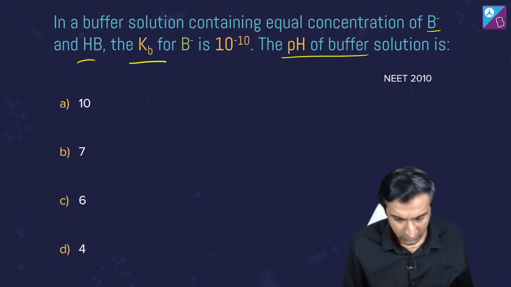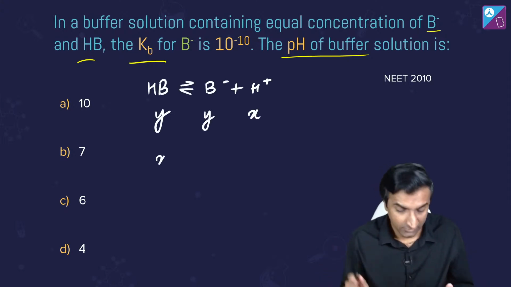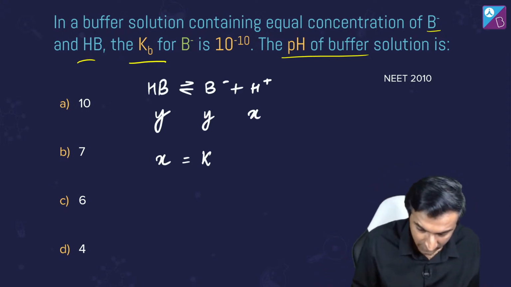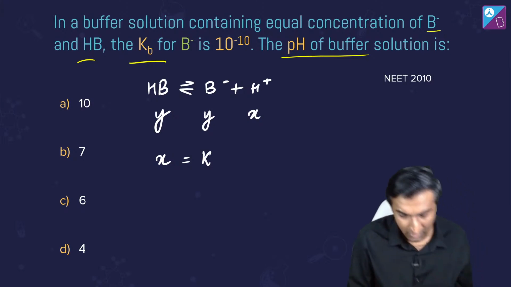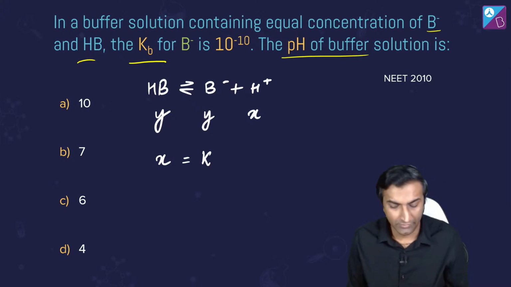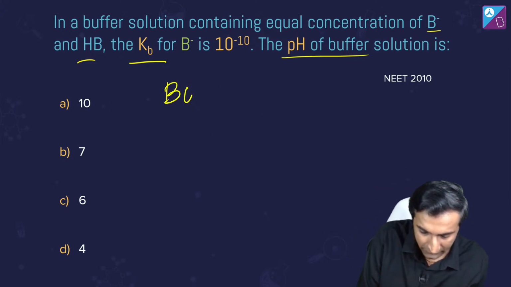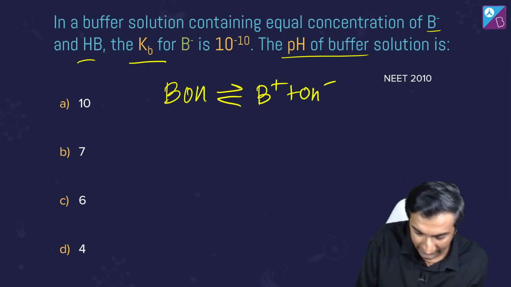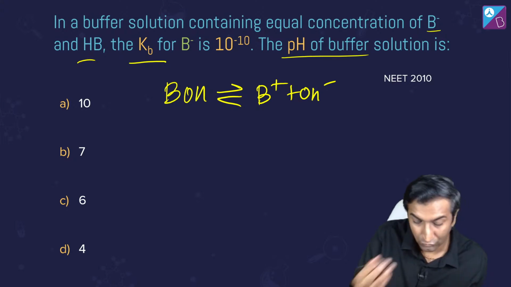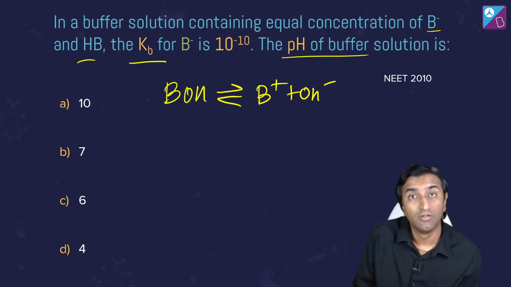You want me to solve this for you? We'll do the same thing. We'll write pOH over here. ठीक है, इस तरह से भी लिख सकते हैं. ये तो हमने उल्टा लिख दिया था. Let's do this. BOH giving you B plus and OH minus, या तो इस तरीके से कर सकते हो, राइट, या तो फिर दूसरी तरह कर सकते हो where you find out the whole formula thing.